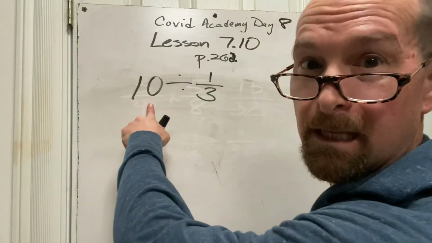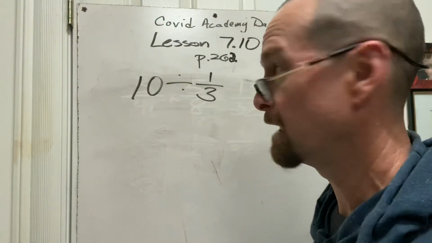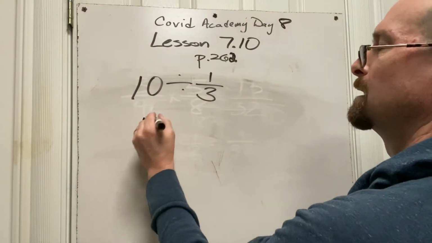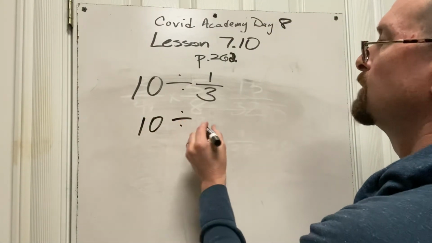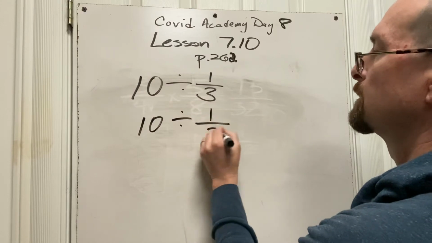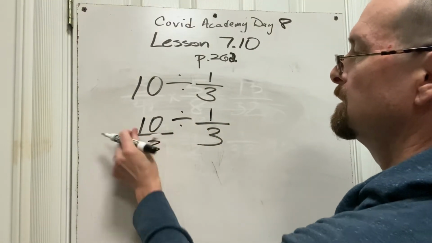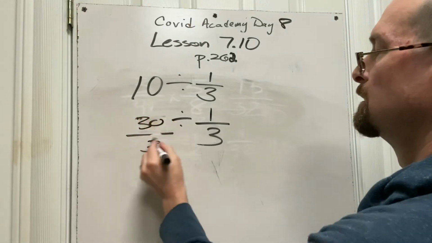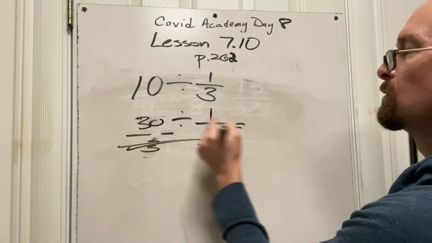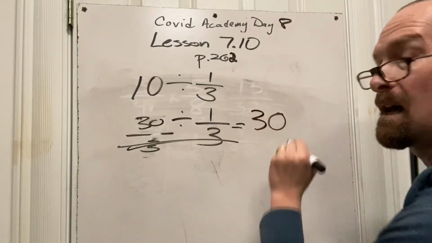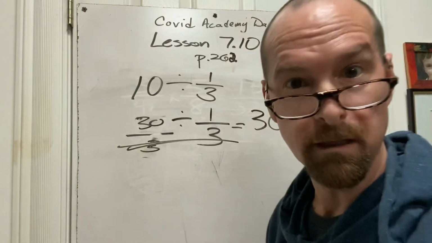I have to take my 10 cans of anchovies, divide them up into a third of a can each, and figure out how many that is. 10 divided by a third. If we want to do it the book way, we've got to have same denominator, times 3. Times 3 is this. Those go bye-bye. 3 divided by 3 is 1. 30 divided by 1 is 30. I've got 30 meals of anchovies.